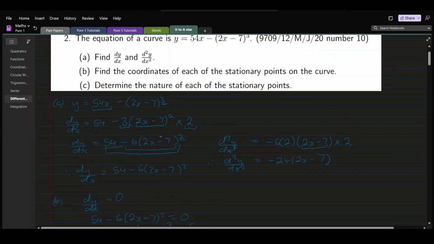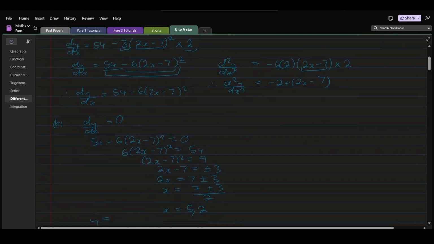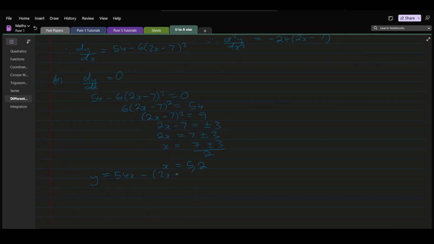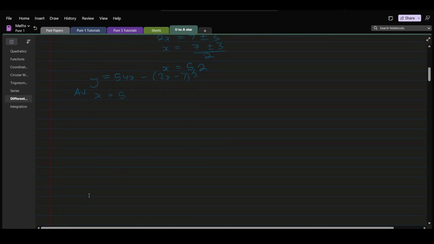what's our equation? 54x minus 2x minus 7 cubed. Let's evaluate at x is equal to 5. Let's just scroll up.